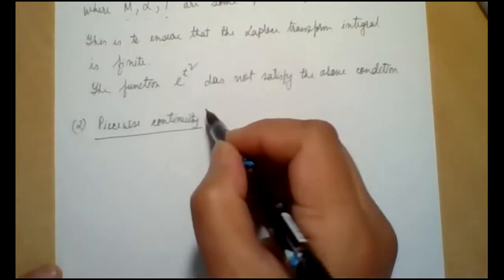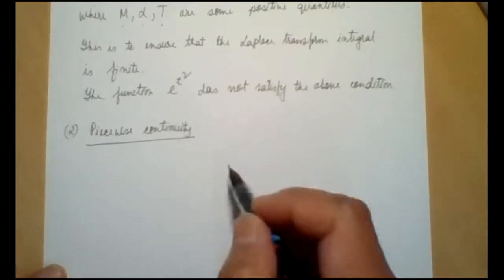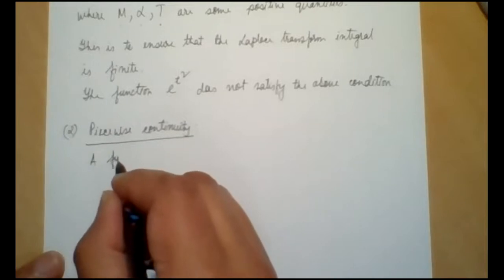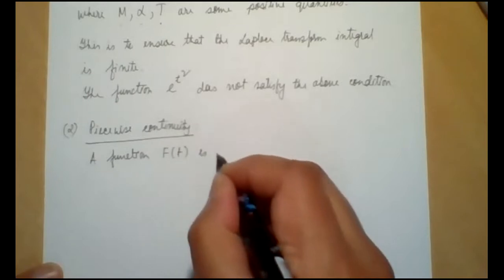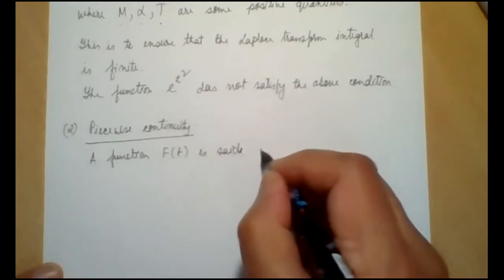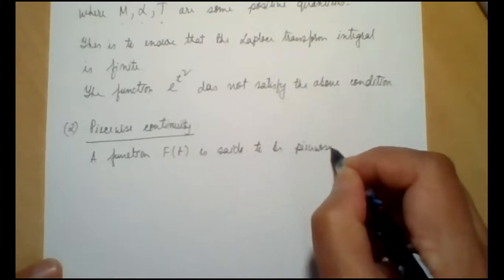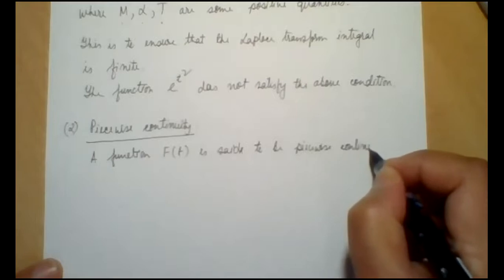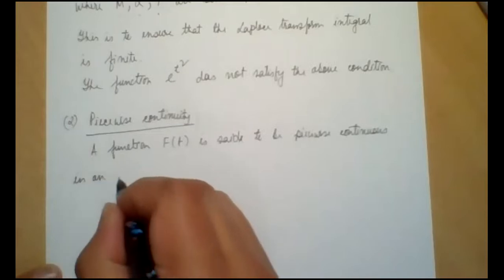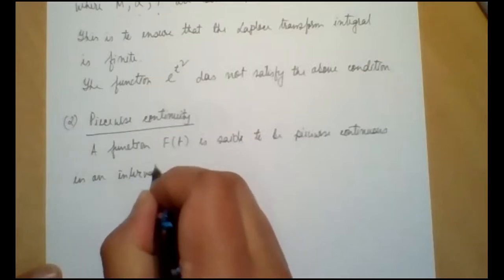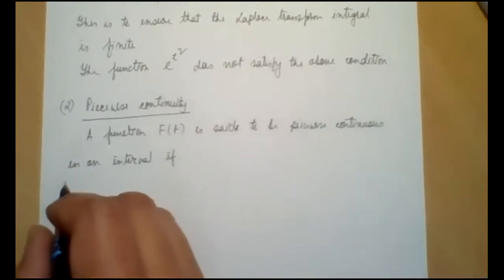Before I continue further, let us first explain the meaning of piecewise continuous function. Okay. So a function f(t) is said to be piecewise continuous in an interval if two conditions are satisfied.